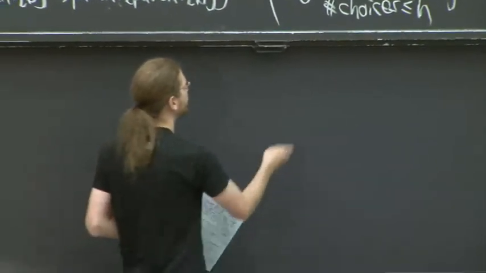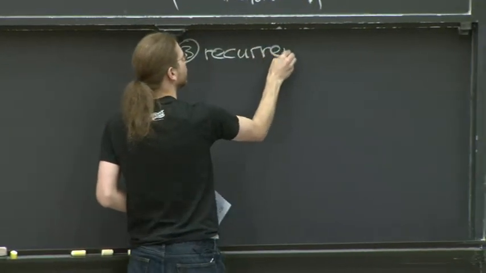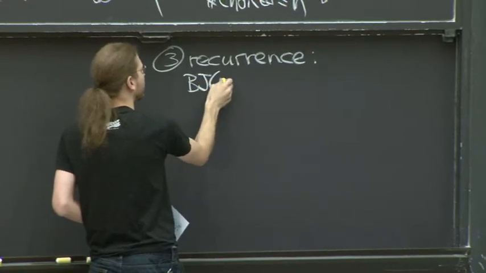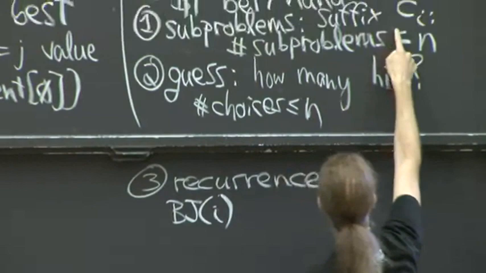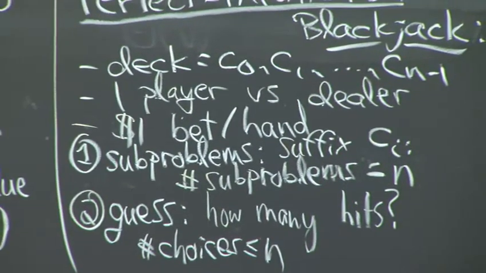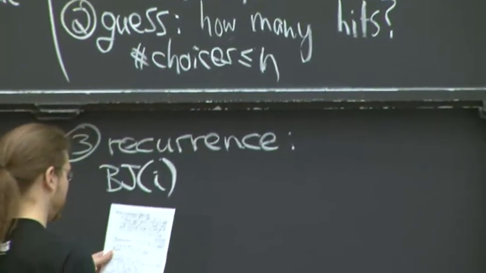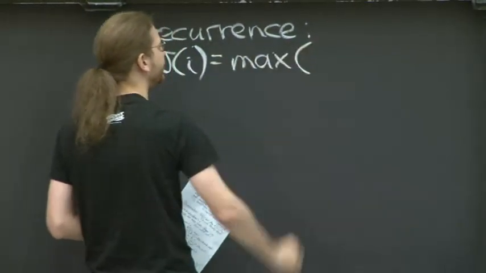Okay, now we go to the recurrence. I'm going to call this blackjack of i, the solution. I want to solve this subproblem from i onwards. What's the best play? And I guess it's going to be a max if I'm measuring winnings.